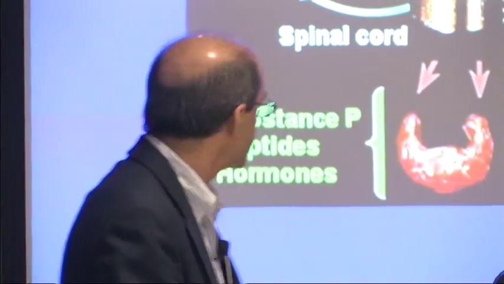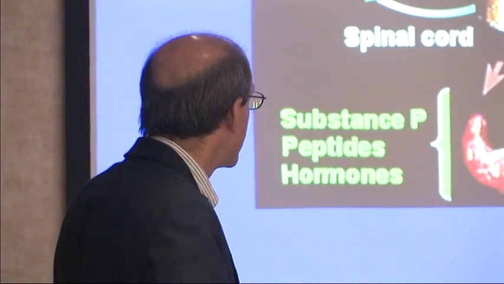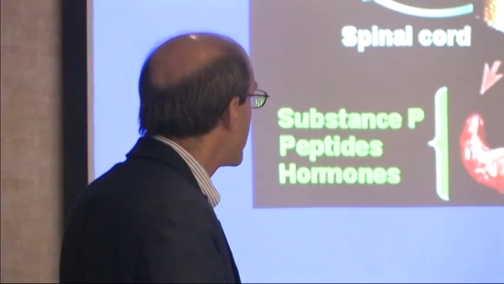And when that happens, the brain and the spinal cord start reacting to it, because the sympathetic system works through neurotransmitters, things like epinephrine and norepinephrine, and starts affecting some of our other hormones, our thyroid, our adrenals. And we get extrusion of substance P and peptides and other hormones.